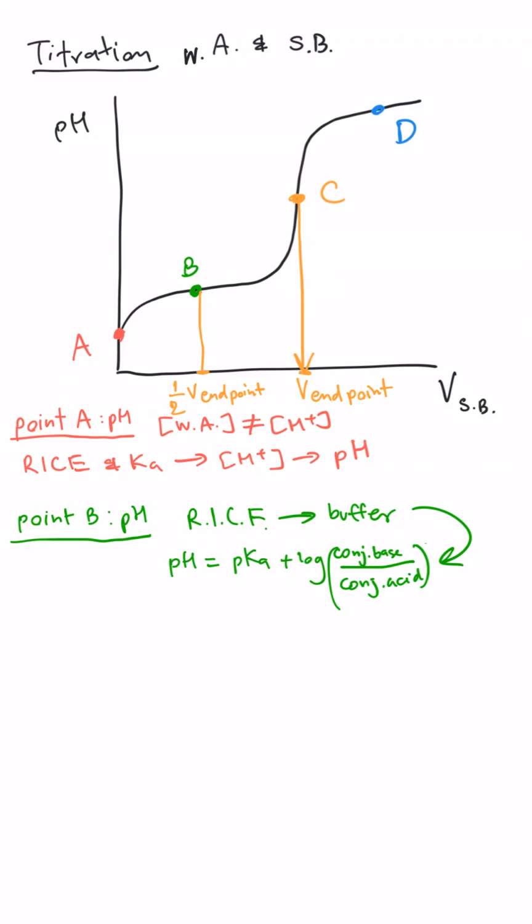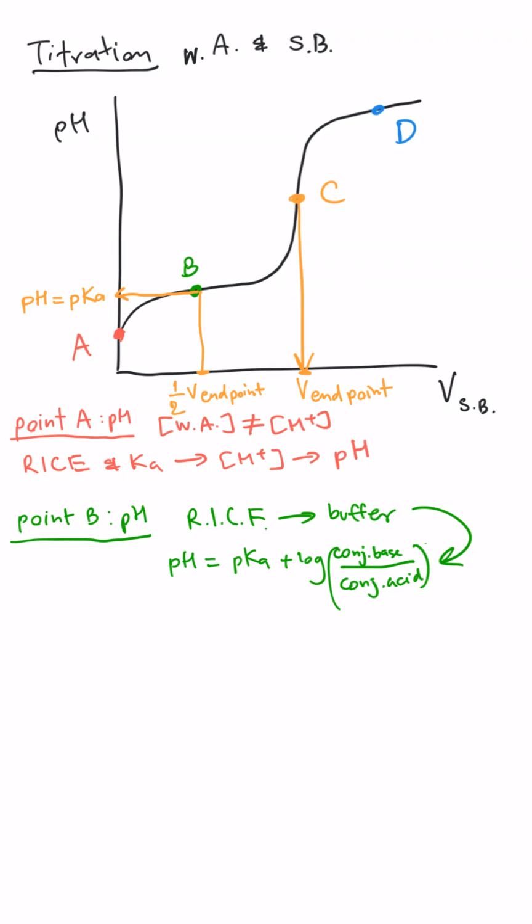If the volume at the endpoint is 50 milliliters, then half of the volume at the endpoint would be 25 milliliters, for example. And if you trace this to the pH scale, you will see that at this point right here, pH equals pKa. So that means if you know the pH at the half-equivalence point, you can say that it is equal to pKa.